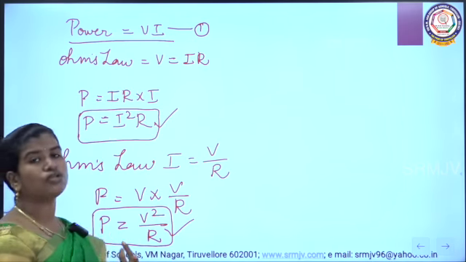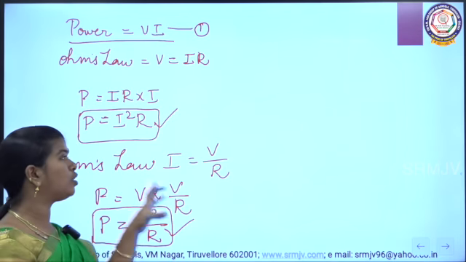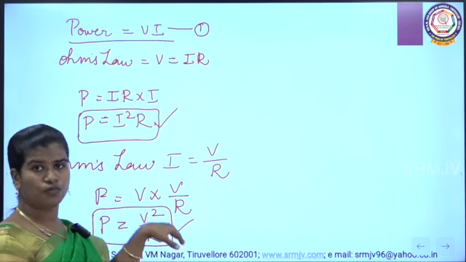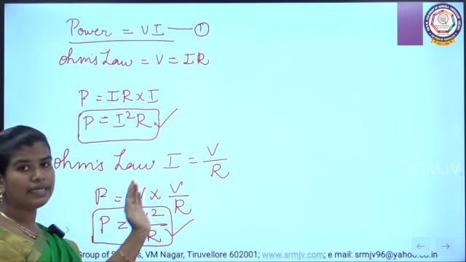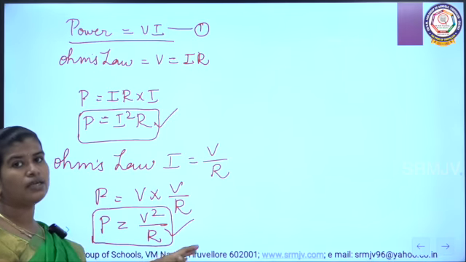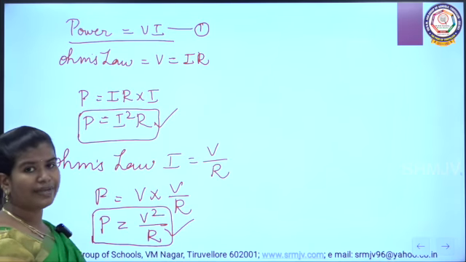Based on whatever information the sum carries, we will be using different formulas. And the only difference between power and Joule's law of heating is that here we do not mention the time.